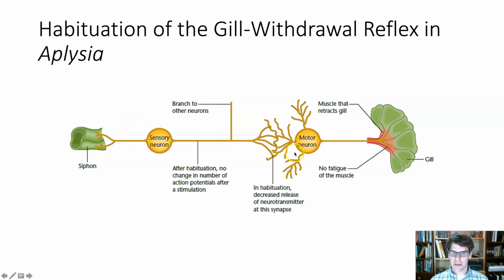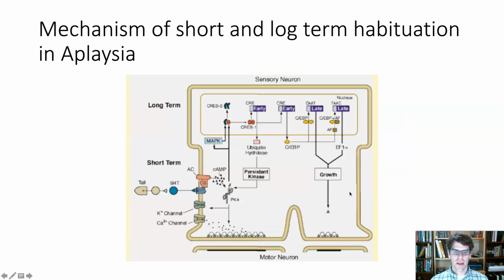That's learning. The simplest learning event I could probably think of, right? This used to respond, then it realized that it no longer needs to, so it stops. So what is happening here is somehow changing these synapses that connect this one sensory neuron to this one motor neuron.